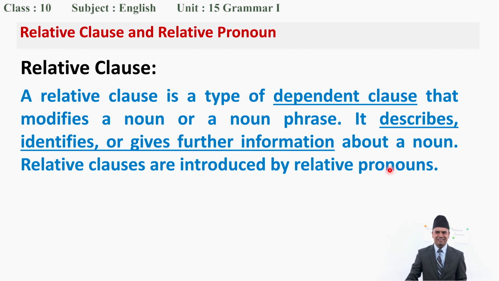Clear? It's about a dependent clause. Now you might be thinking, what is a dependent clause? A dependent clause is an incomplete sentence that requires other parts to be complete and meaningful. And this relative clause also describes, identifies, and gives further information about a noun.